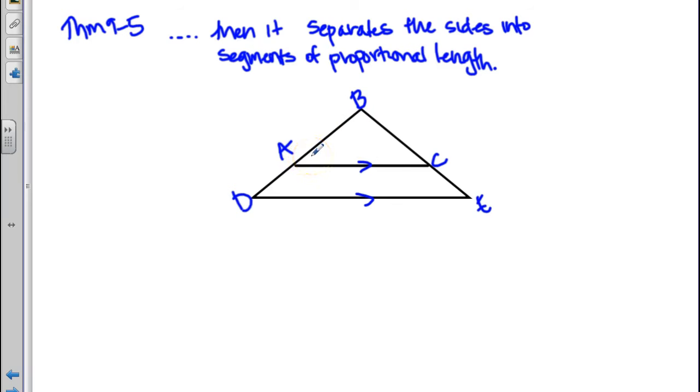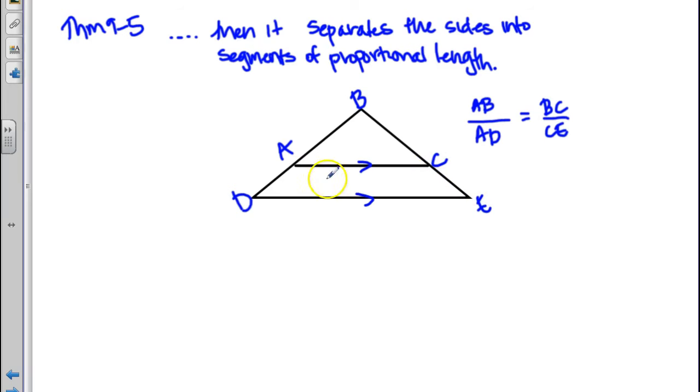So that means that AB over AD, so this piece is to this piece as BC is to CE. So AB is to AD as BC is to CE.